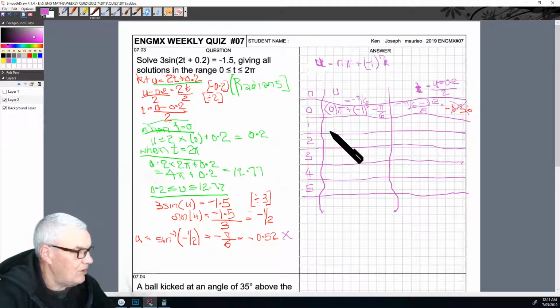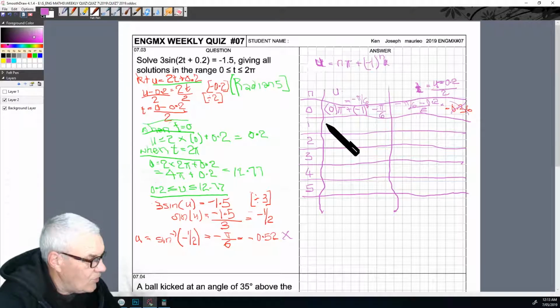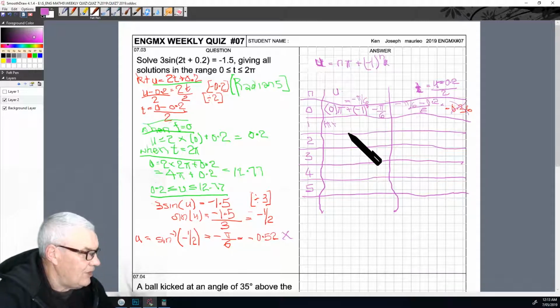Okay, so let's look at the next one. So now we've got 1 pi, okay, n equals 1, plus negative 1 to the power of 1 is negative 1 times pi by 6.